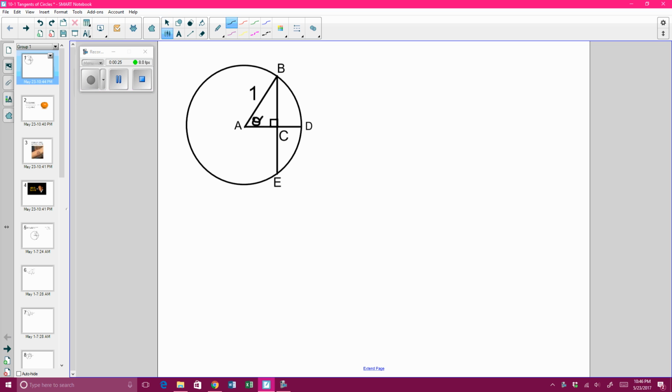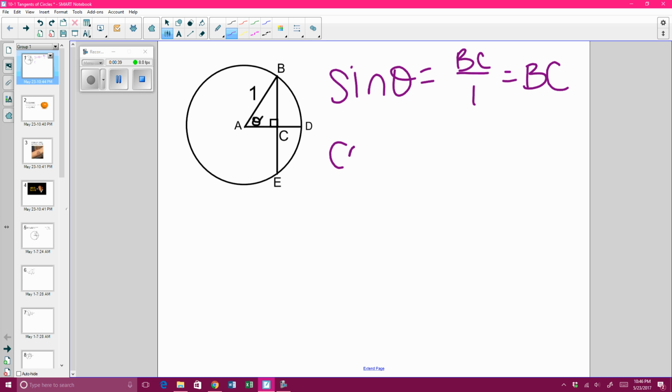If I just, for fun, find the sine of theta, it would be the opposite, which in this case would be BC, over the hypotenuse of 1, which would just be BC. Then I can find the cosine of theta, which would be the adjacent over the hypotenuse, which, since it's over 1, would also just be AC.